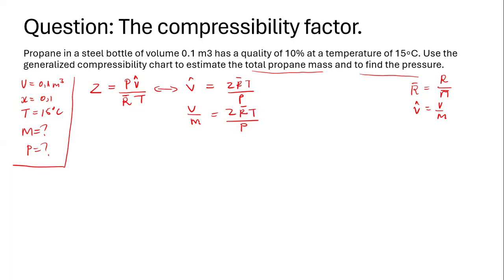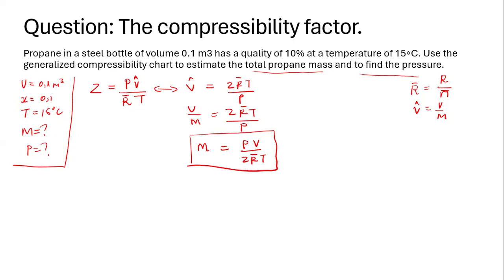To make the mass subject of the formula, I'm going to take the reciprocal on this side and multiply by that. So that means my mass will be equal to PV over ZRT. This is the derived equation that we are going to use to calculate the mass of propane.